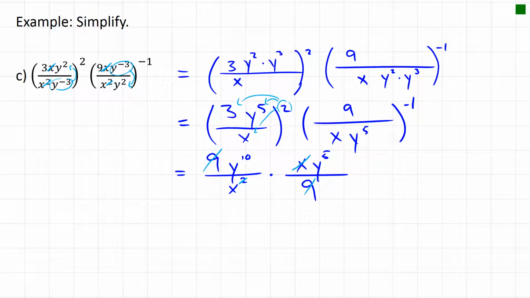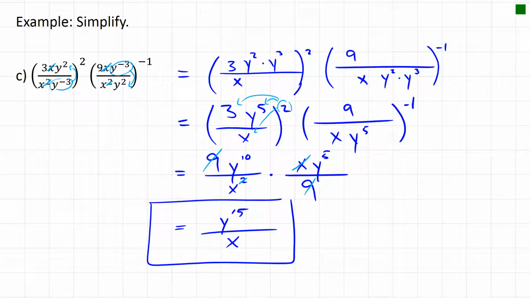And then my y's are going to combine together on top using the product rule. So y to the power of 10 times y to the power of 5 is y to the power of 15 all over x. And there's my final simplified fraction.